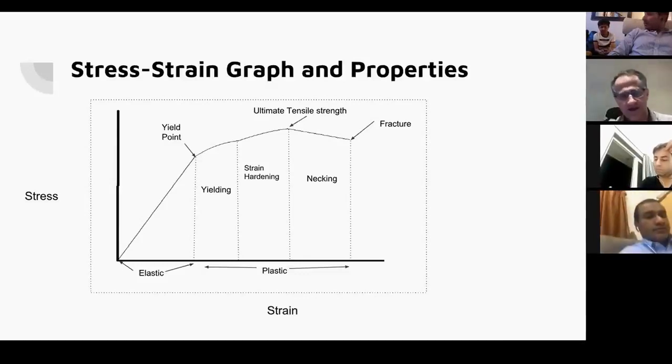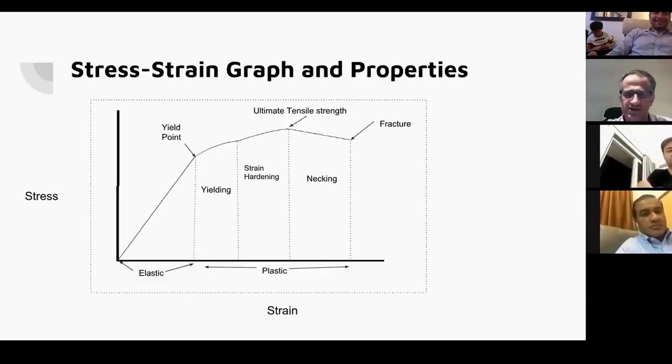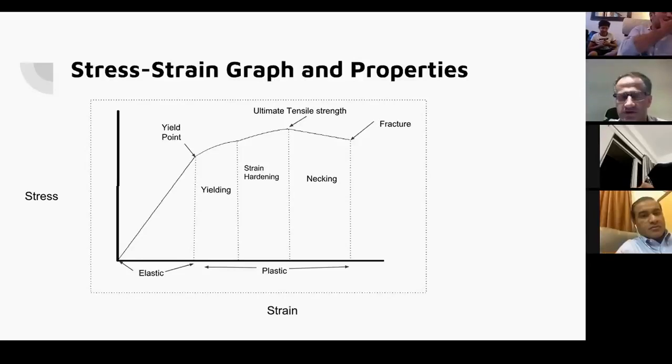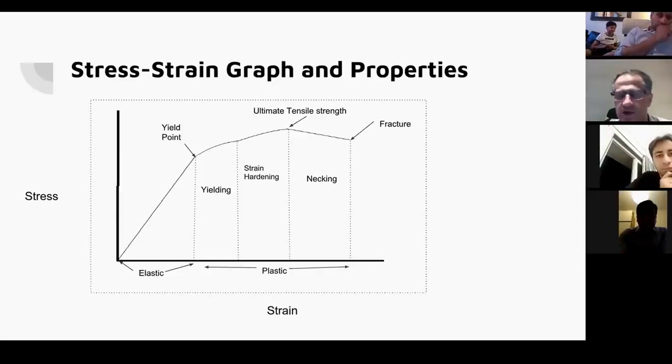And finally, fracture. Now, I did say I'd mention the difference between the properties of strength and hardness. So strength is everything, the area underneath that graph. So the area underneath that graph is the strength of any metal.